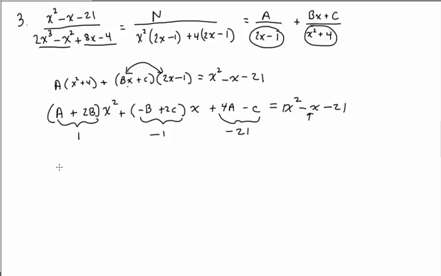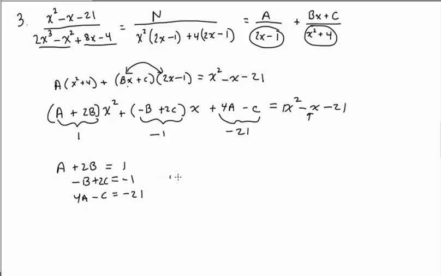Let's actually take this one out a little bit. So we have a plus 2b equals 1, negative b plus 2c equals negative 1, and finally 4a minus c equals negative 21.